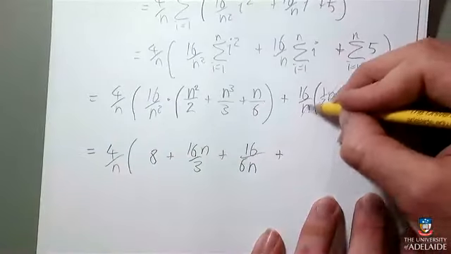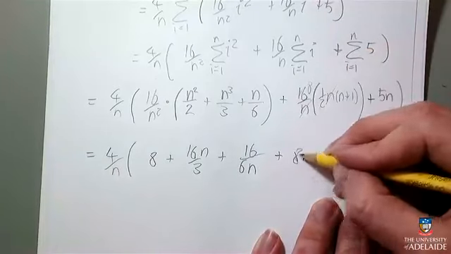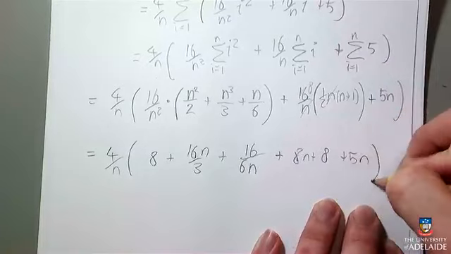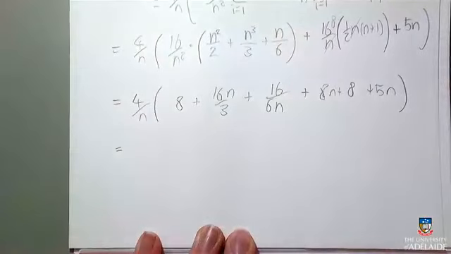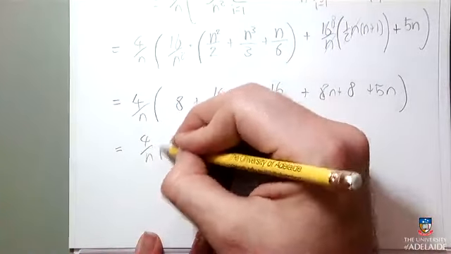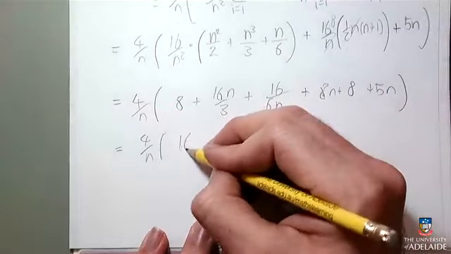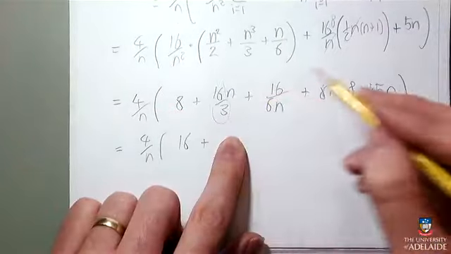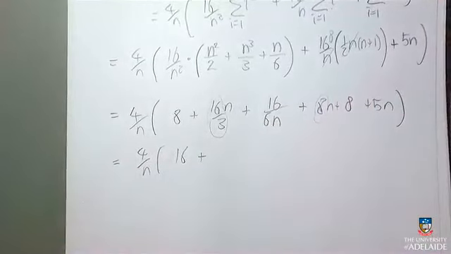So those n's cancel, that becomes an 8, and I get 8n plus 8. Nice. So 8 plus 8 is 16. That's not too bad. 16 on 3 plus 8. All right, so 8 would be 24 on 3. 24 plus 16 would be 40.